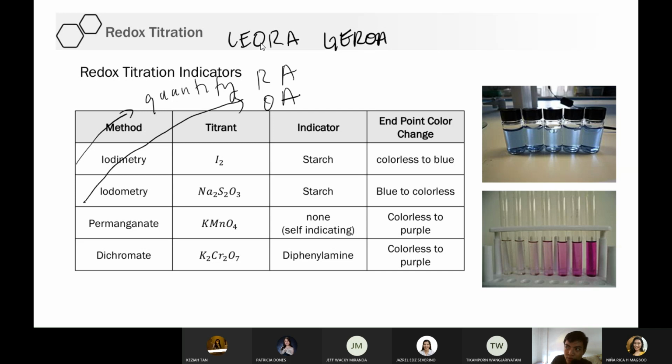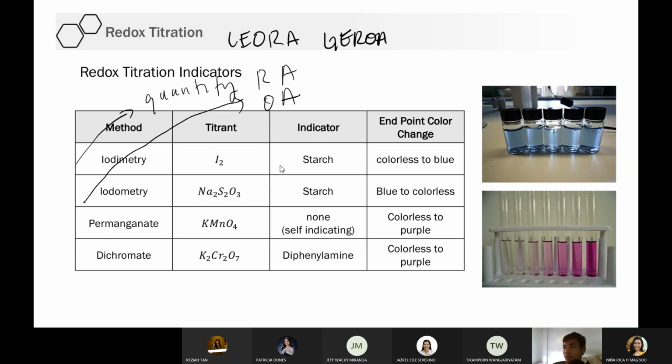So whoever undergoes the oxidation process is called the reducing agent. GER: gaining electron, reduction, and whoever undergoes reduction processes is called the oxidizing agent. That's the mnemonic I tell my students to use. If you're not familiar with this, then you can use this. Watch my lab video, because I discussed this in depth there.